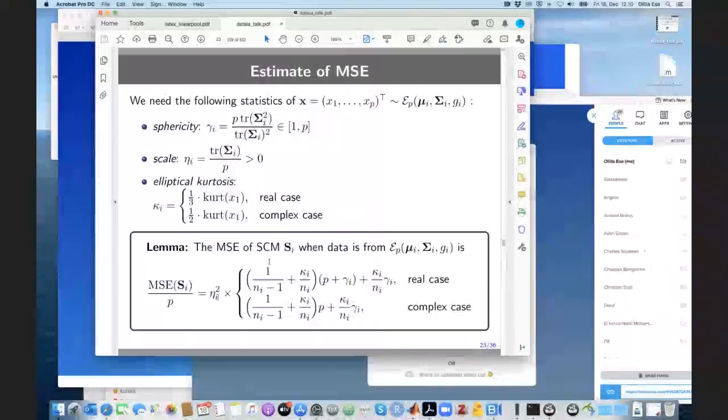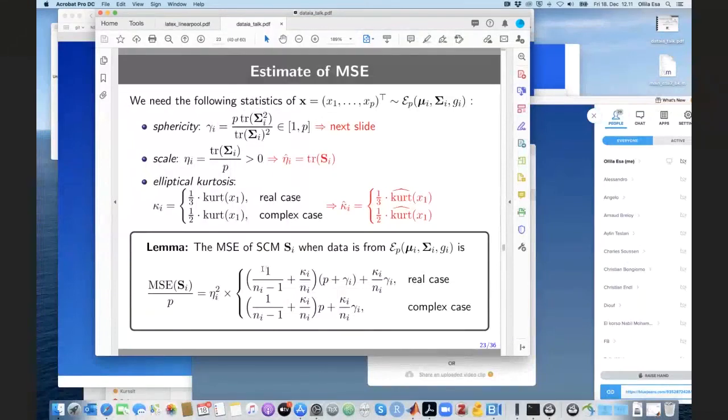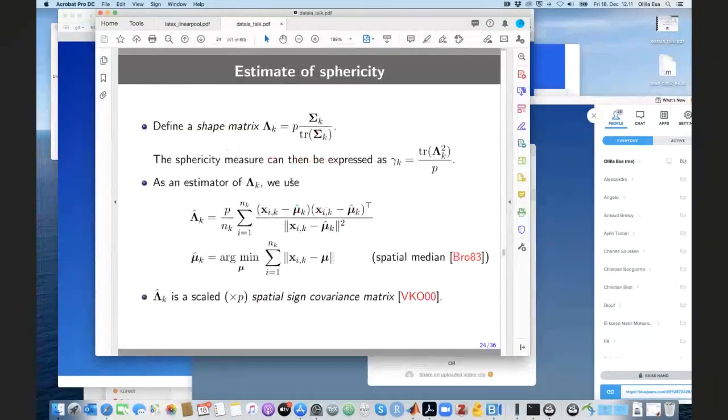So once you have those estimates, you can have a good estimate of these delta scalars. The first 2 are quite easy to estimate. We don't have to pay too much attention to those, but the sphericity term takes a little bit more attention because it's quite an important parameter in this expression of the mean squared error.